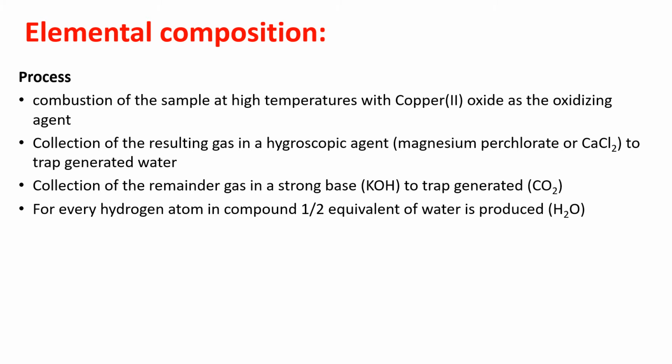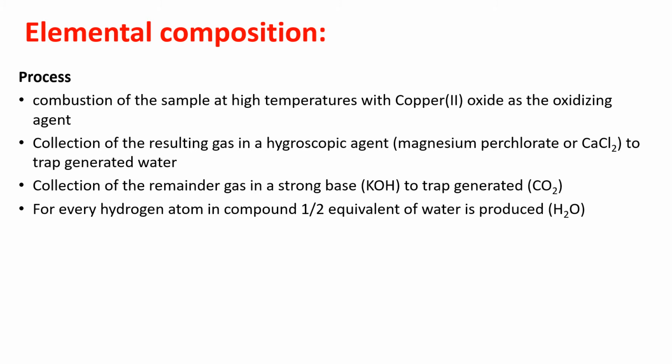Now, when you have trapped the water on hygroscopic agent, the number of water molecules are equivalent to the number of hydrogen. That means not exactly equivalent, half. The number of water molecules will be half the number of hydrogen atoms present in the sample. Suppose your sample has 100 hydrogen atoms.